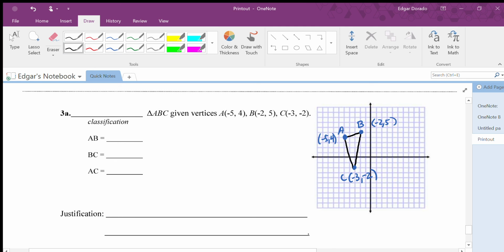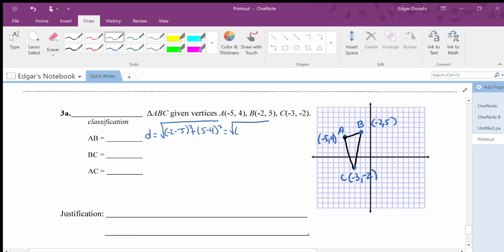All right. So distance of AB. So (-2 minus -5) squared plus (5 minus 4) squared. And this time, make sure you are checking all your work. Make sure it matches mine. All right.